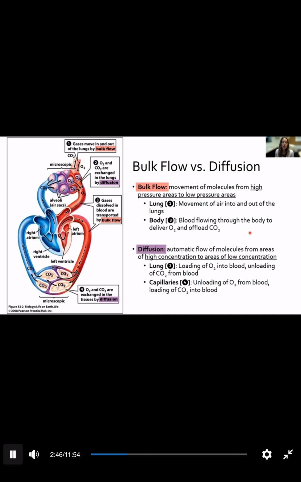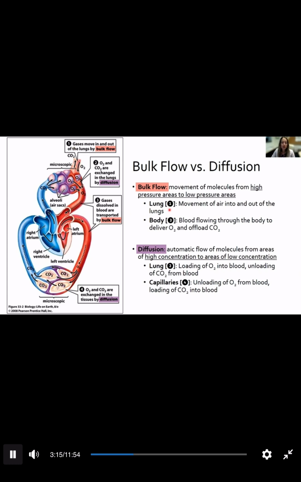First, in the lungs, when we move air in and out of the lungs by bulk flow. So that is a huge intake of breath and expiration of breath. The second area where this occurs is in the body. We take in oxygen so that oxygenated blood can flow around through the rest of the body tissues. That is depicted here at site 3 in this diagram.